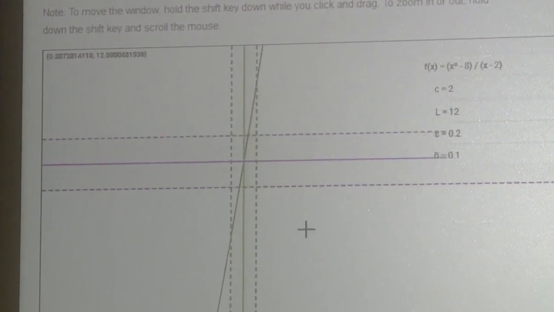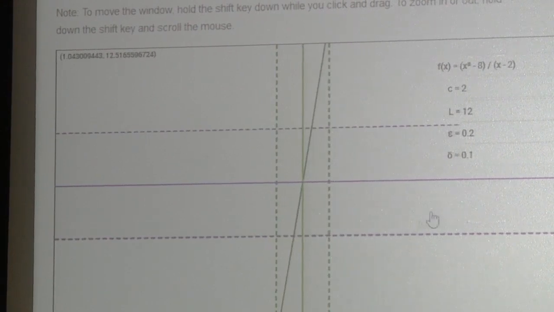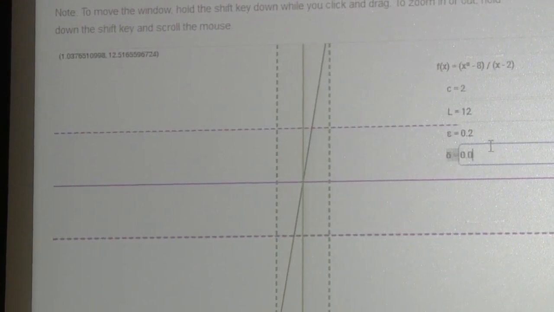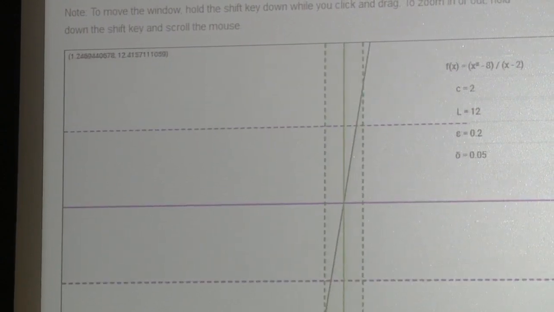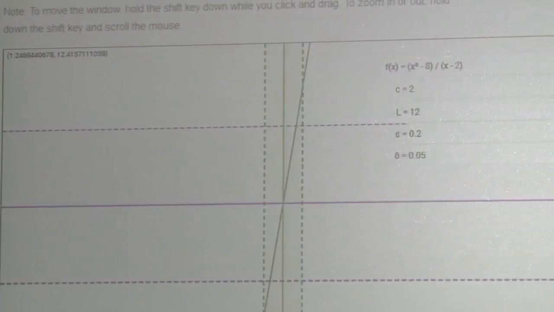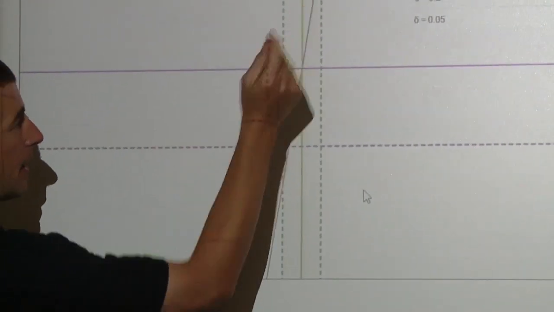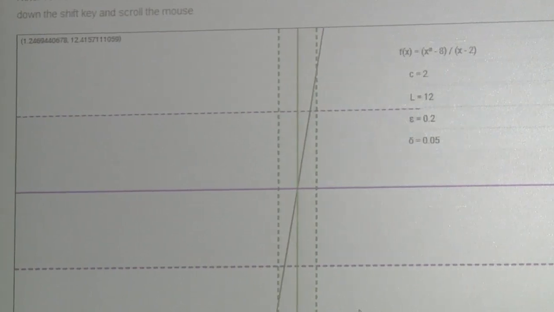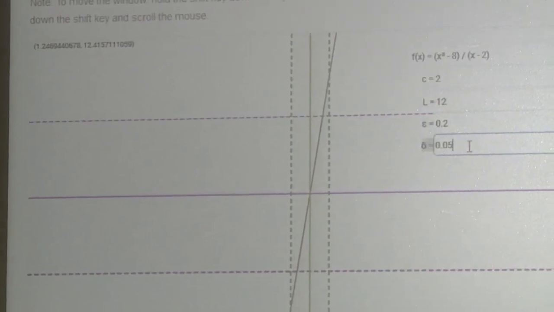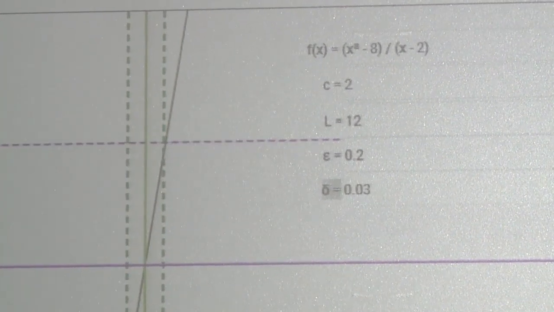Does that work? No. Half of that, 0.05. Still doesn't work, right? Because still all of these y values are outside of the epsilon band, and all of these y values are outside of the epsilon band. 0.03.